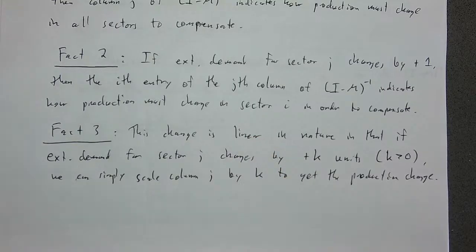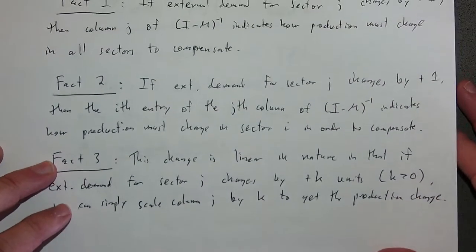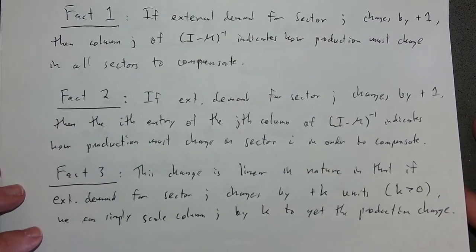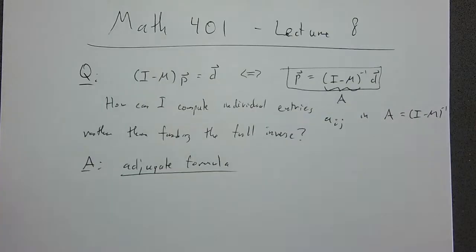And so being able to compute the individual entries of this matrix tells me that I can answer questions about how the production in any given sector must change in order to accommodate an increase or decrease in external demand in one of the other sectors, or the same sector. So that's why this is so useful, because ultimately maybe those are the sorts of questions that I really care about answering for these models. Okay, so that's the idea here.